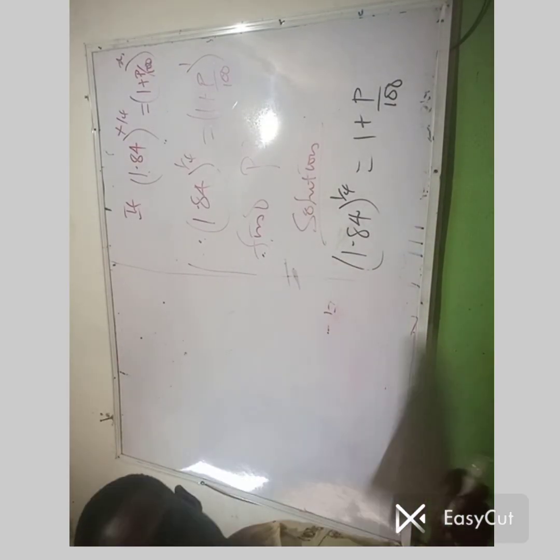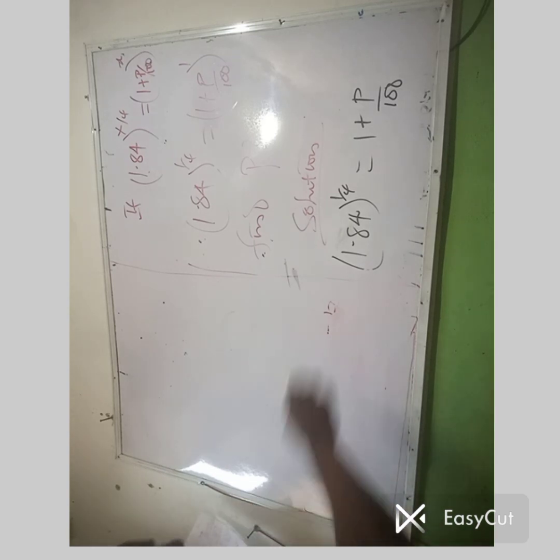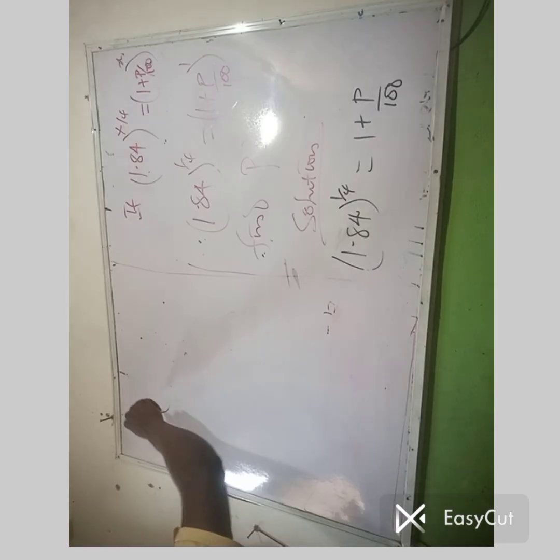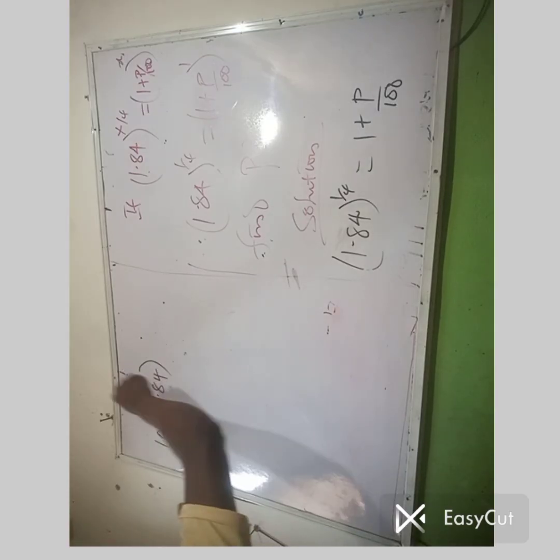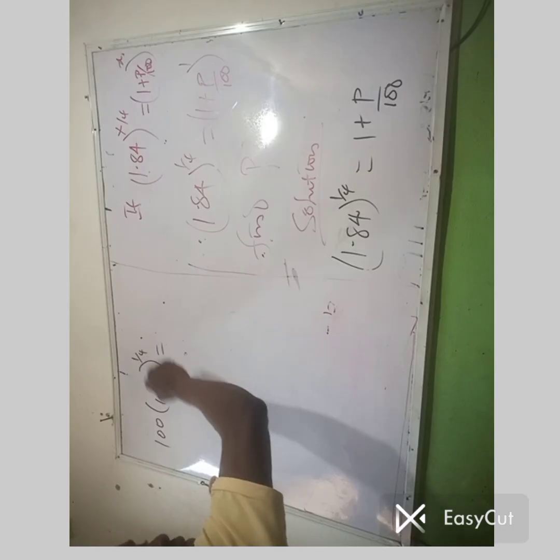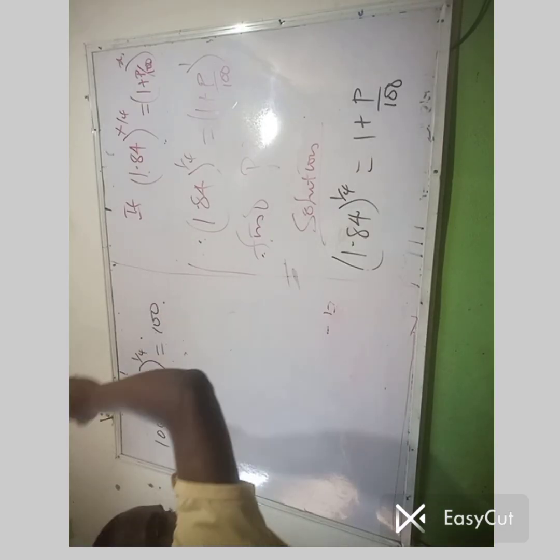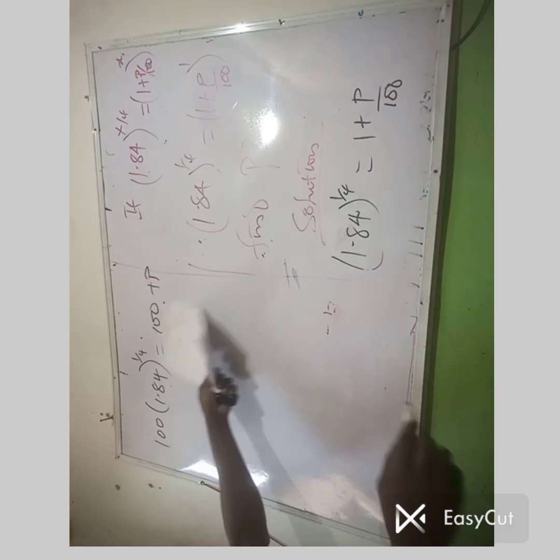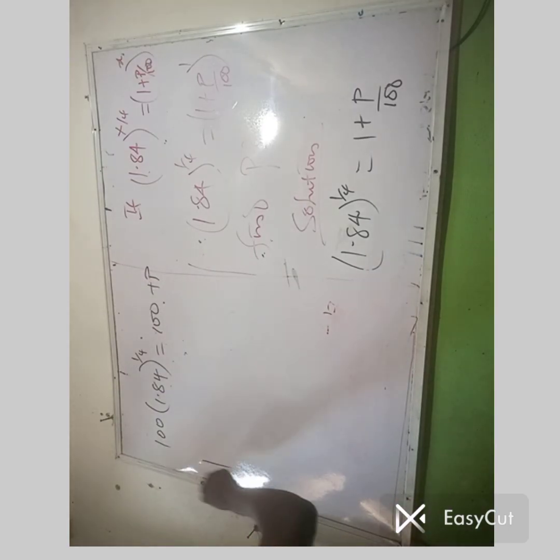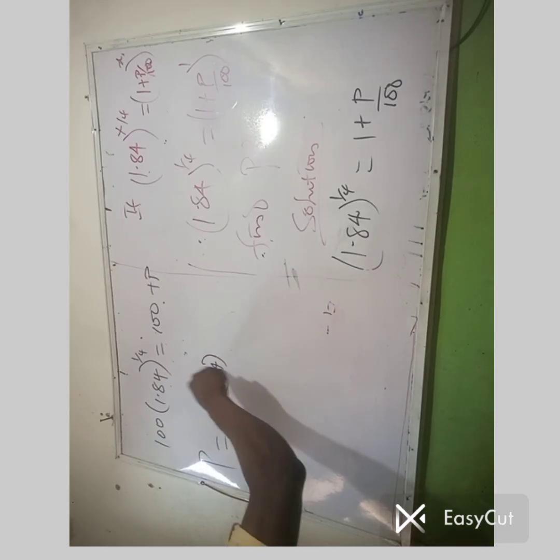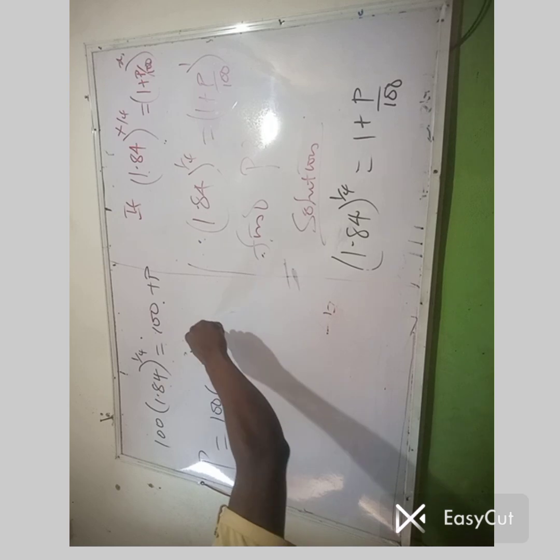If I multiply through by 100, what do I have? I have 100 multiplied by 1.84 raised to power 1 over 4 is equal to 100 plus p. Then I take this back and I have p equal to 100 multiplied by 1.84 raised to power 1 over 4 minus 100.